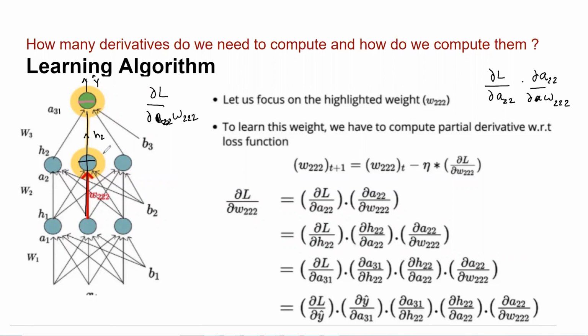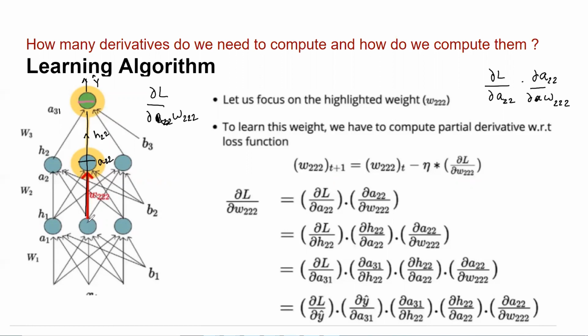It is depending upon A22 also, right? And on which factor is this A22 depending? W222. The moment we have reached W222, you need not go beyond that because that is what we are looking for, right?